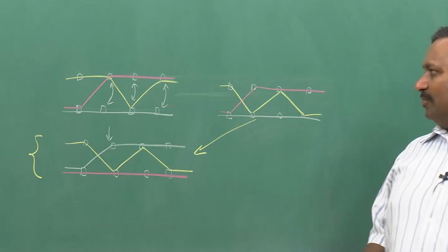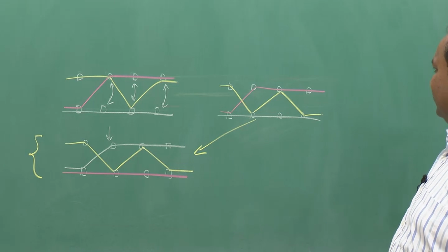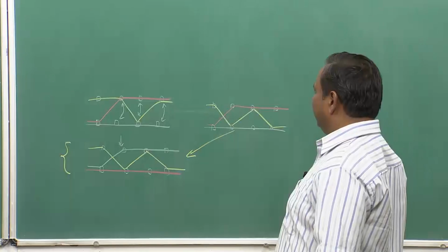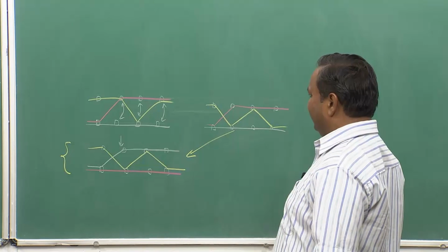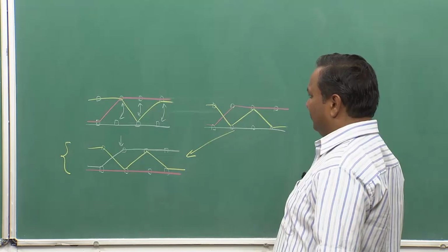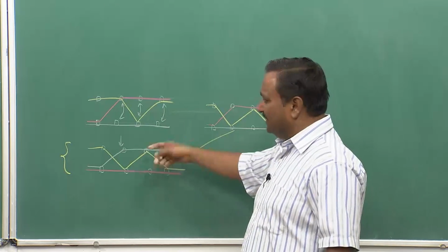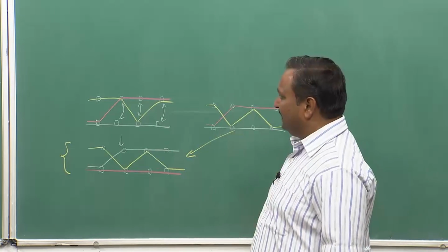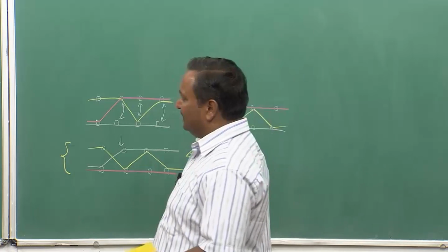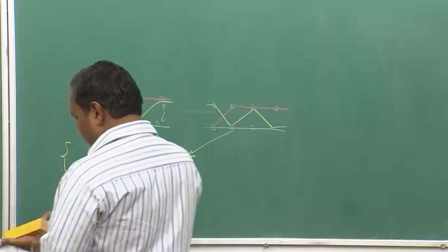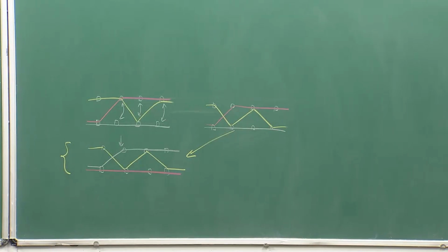So, these are the only two possibilities which exist. There is no other option which is available. They both are technically same, okay, except this pink and white gets changed, but they are technically same states. There is only one possible state in which this switch actually can go. So, let me draw that also.